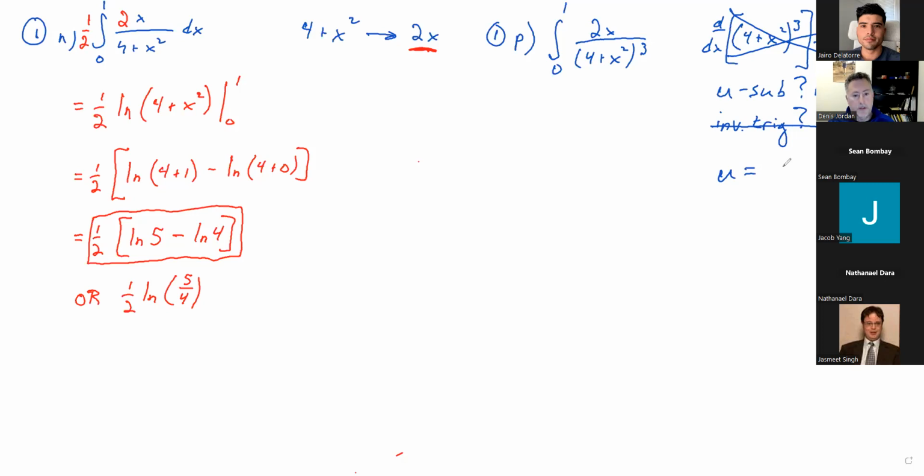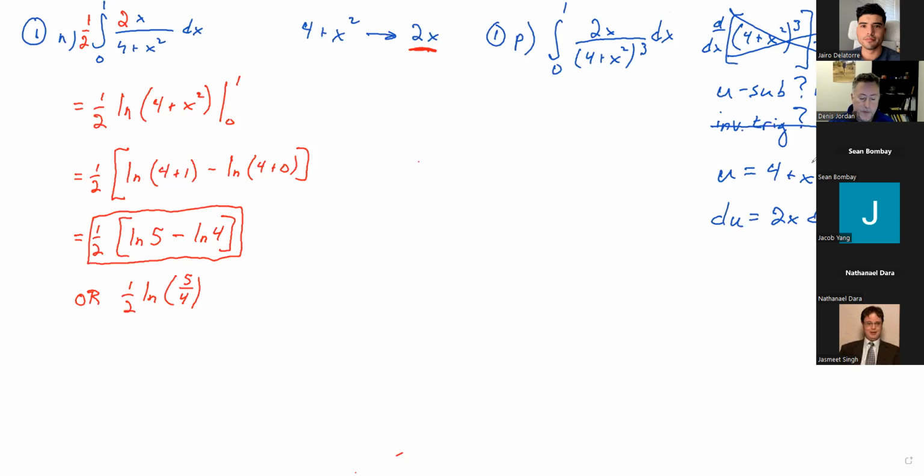If you don't know, you just have to try something. So say it again. 4 plus x squared. 4 plus x squared. And you'll know if it works or not, because the derivative of your u should be whatever's left in the integral. And in this case, it is.